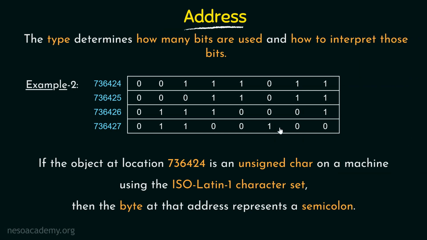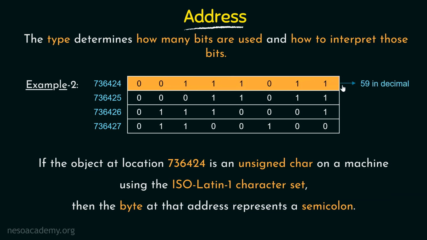So coming back, we saw that the object at location 736424 is an unsigned character. So we are using these 8 bits, that is 1 byte, to represent that unsigned character. And when we converted that to decimal, we saw that it was 59. And we saw that in the ISO Latin 1 character set, 59 represents a semicolon. So we see that we have the same data over here, but depending upon the type that it takes, the value differs.